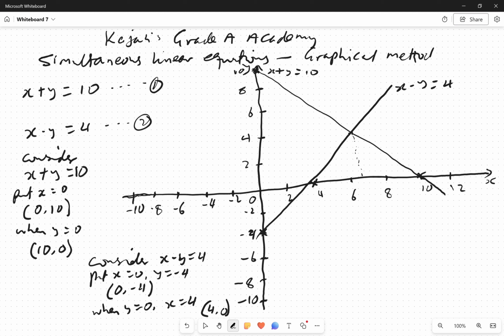You go to this side, it's crooked, but that is pointing to 3. So you can say, from the graph, x is equal to 7 and y is equal to 3.